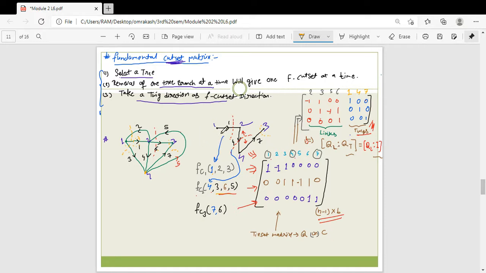Without making a loop. So see here, 1 2 1 4 7, this is what I am considering as your tree. Once I consider this as your tree, what is the second step? You have to remove one tree branch at a time, which will give you one f cut set at a time.